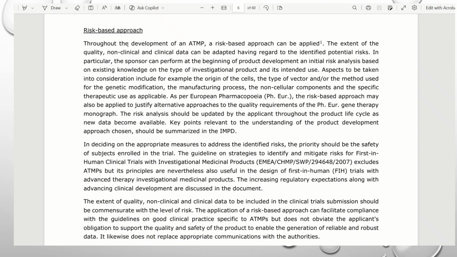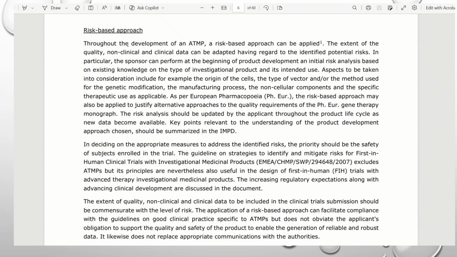Not all of the information that is typically put into a conventional medicine IMPD dossier will be applicable for the ATMP or this cell-based medicinal product. However, some information should be provided that may not necessarily be reflected in the traditional sense of the CTD dossier.